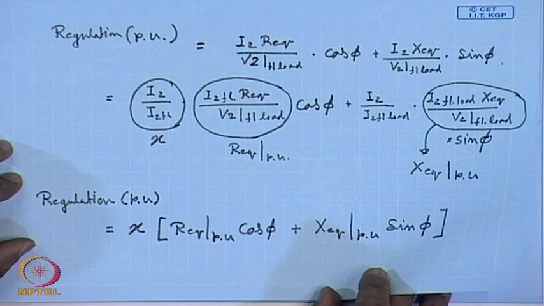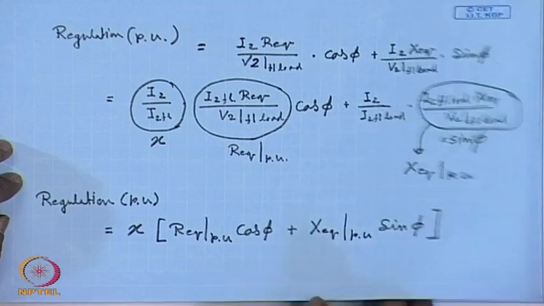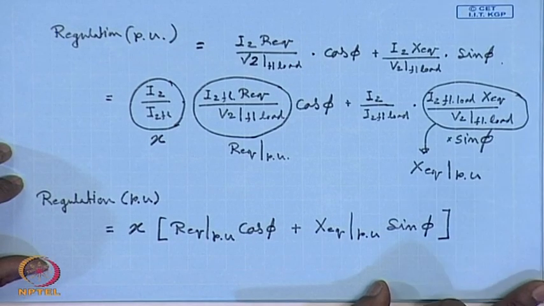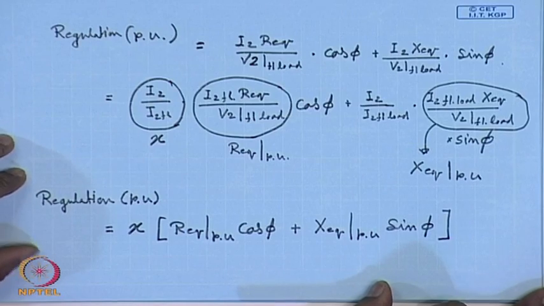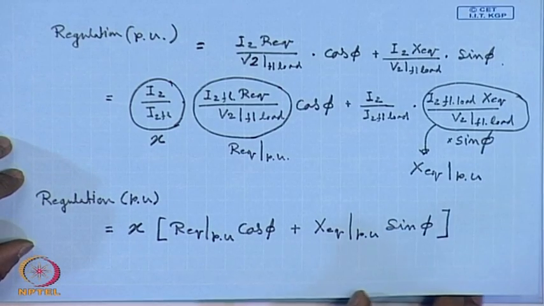So, this is a condition against which we must guard, because the equipment connected to the transformer will in that case see a voltage even larger than the no load voltage and may get damaged.